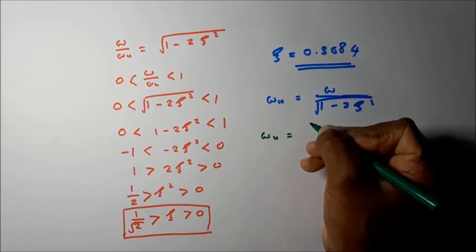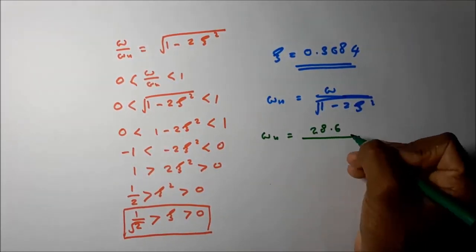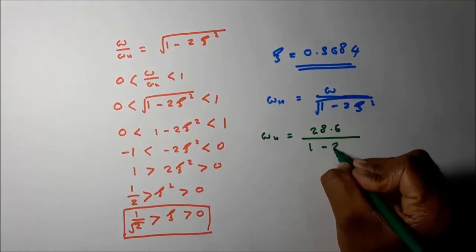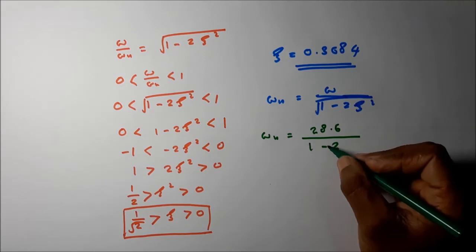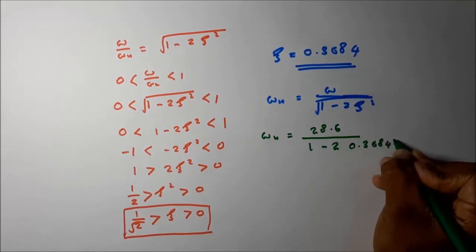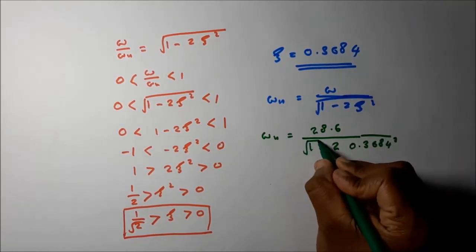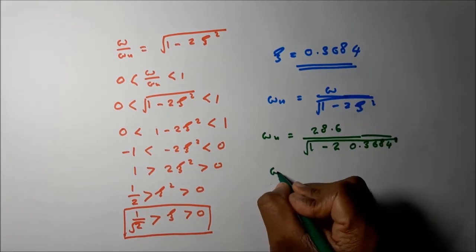Omega n. So what is omega? 28.6 divided by the square root of 1 minus 2 into theta squared. What is theta? We already found that theta is 0.3684.